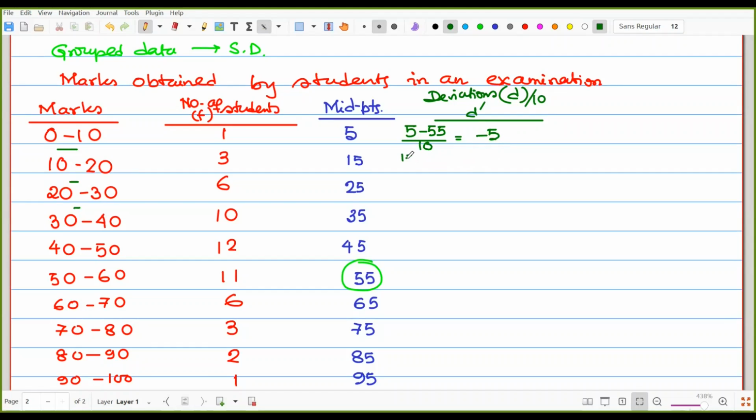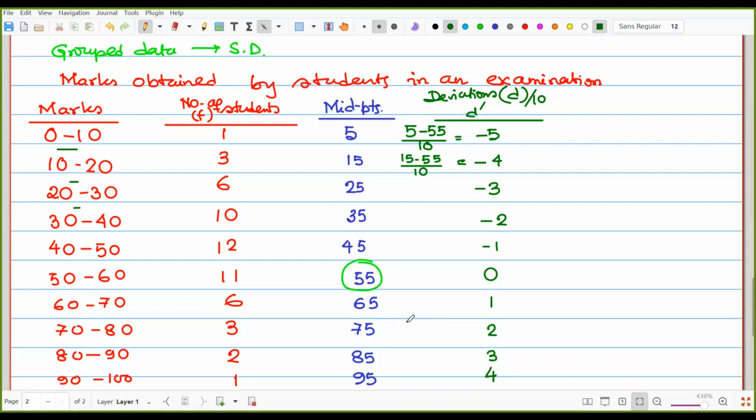Next one, same as 15 minus 55 by 10. That means minus 40 by 10, or that is minus 4. In the same way, we are proceeding here. That is minus 3. That is minus 2. That is minus 1. Then obviously that one is 0. Then 1. Then 2. Then 3. Then 4.